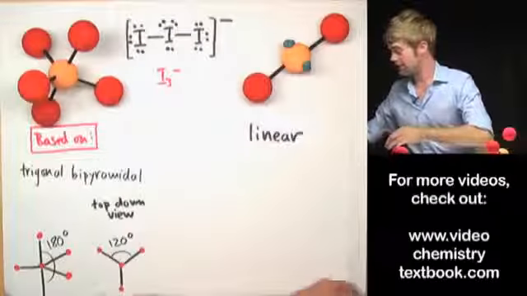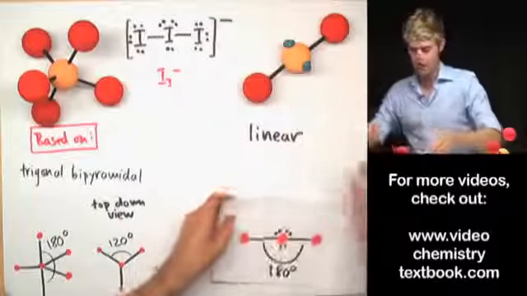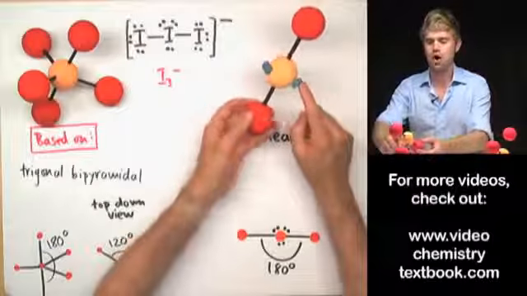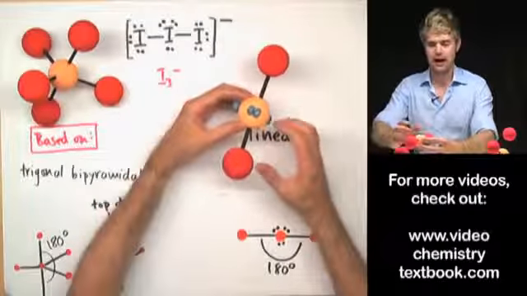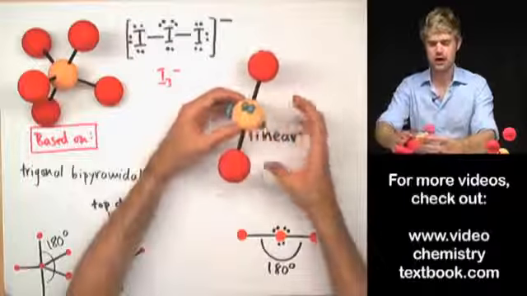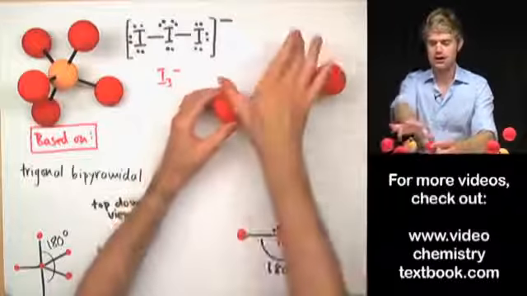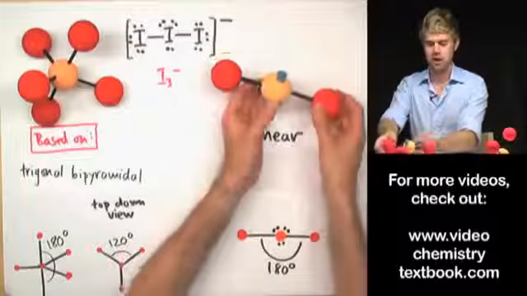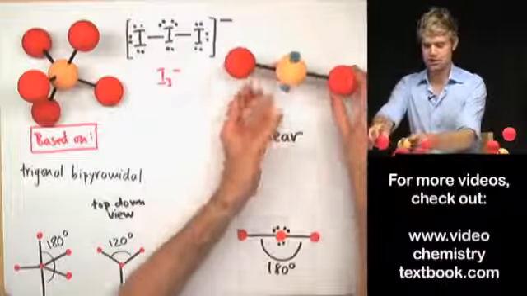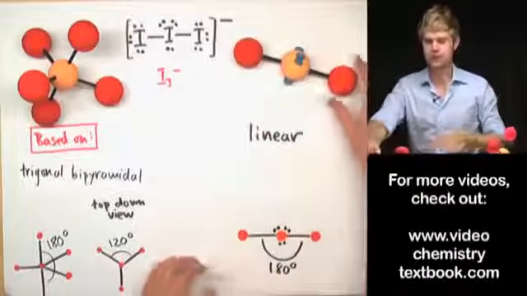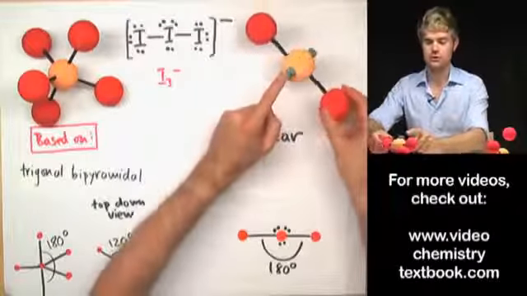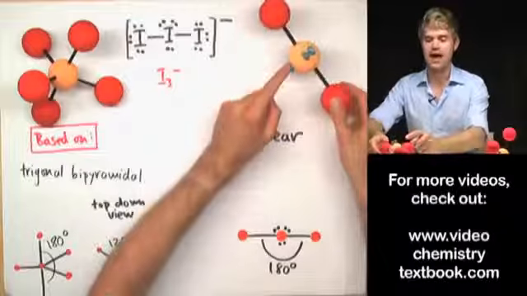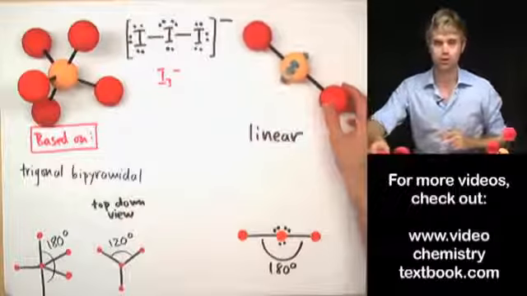And it turns out that in a linear structure, we have the exact same thing, because sure, there are all of these unshared electrons, but they're all pushing equally against this one and this one in all directions, so nothing gets bent up or down. They're all just in a straight line just like that, 180 degrees between them, with 3 of these unshared electron pairs around the central atom, replacing the equatorial atoms.